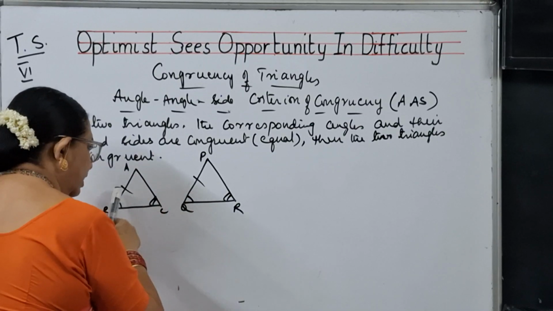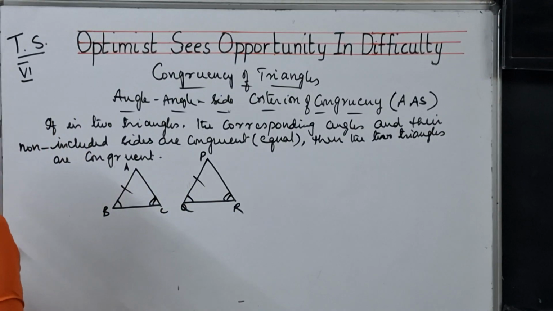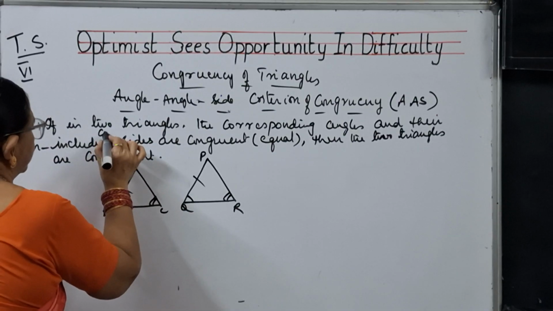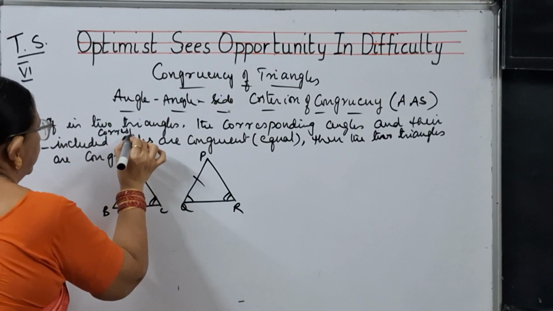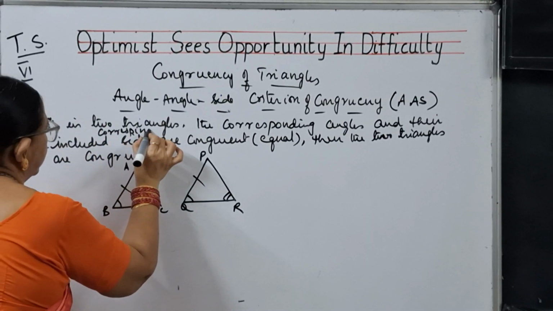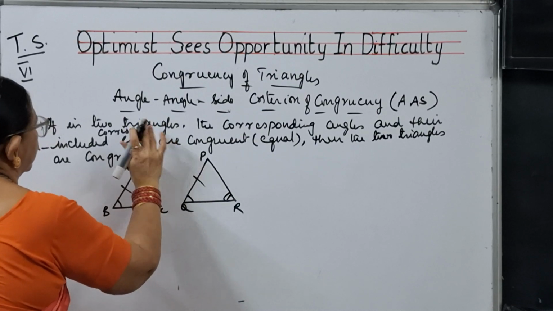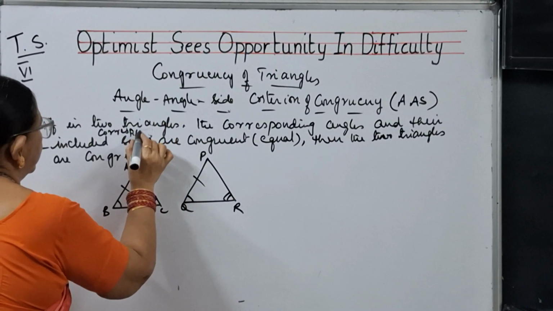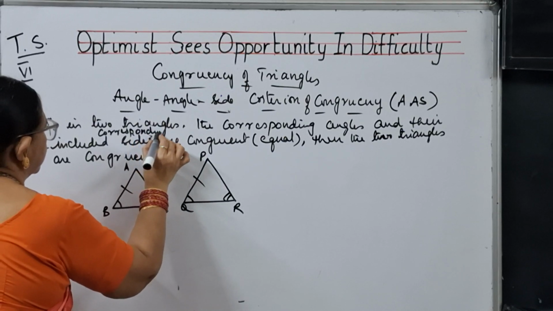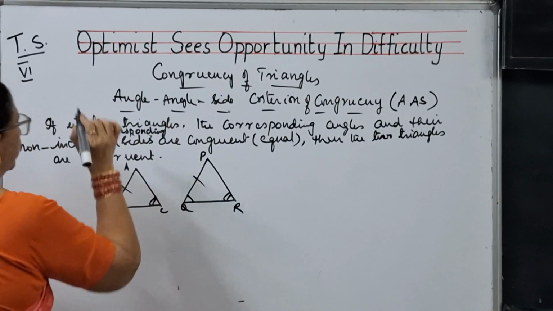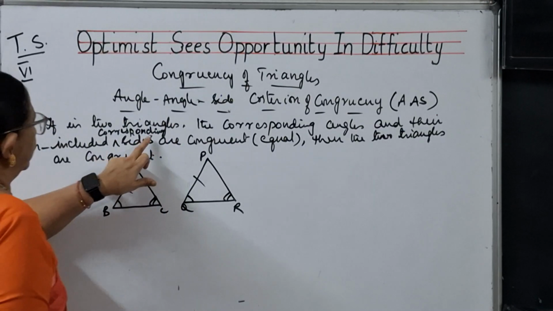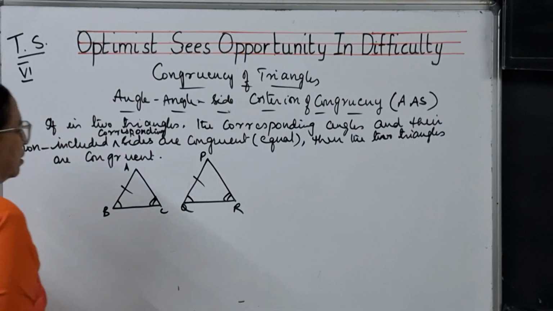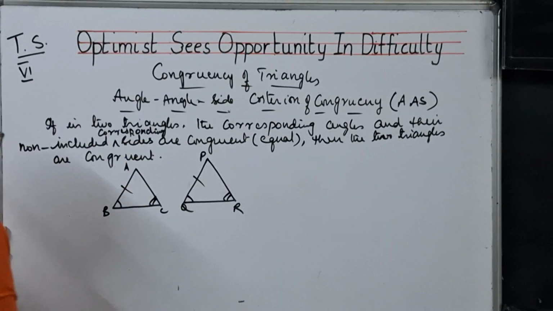But if they are corresponding sides, non-included corresponding sides are congruent, then you can say that the two triangles are congruent to each other.